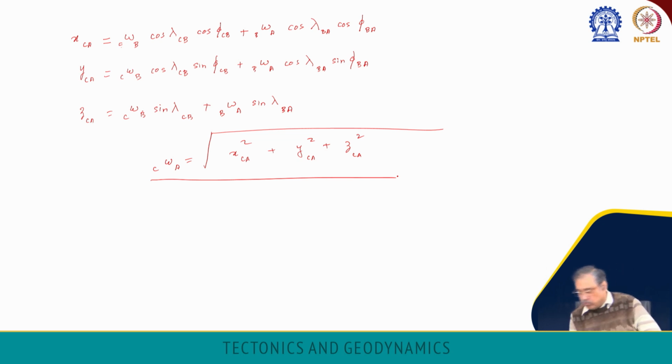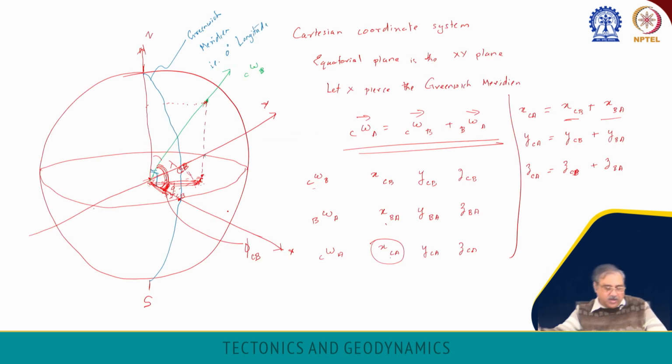The next thing that we need to do is to find out the latitude, lambda CA. So, what would the latitude of lambda CA be? Now, this is actually quite simple. As you saw from the first part, you can simply take it to be this angle, this length that we've got, the length here divided by this particular axis.